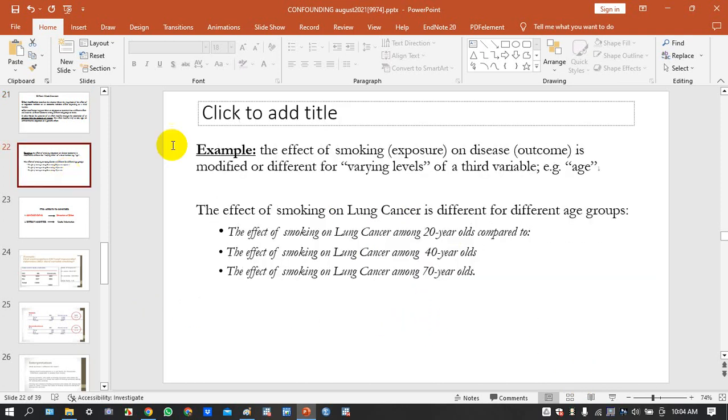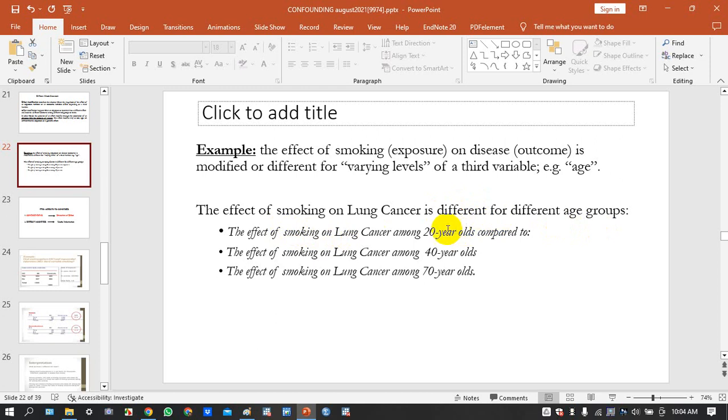For example, the effect of smoking on disease outcome, which is lung cancer, varies for different ages. For instance, the effect of smoking on lung cancer is different for different age groups. When you smoke, you get lung cancer.